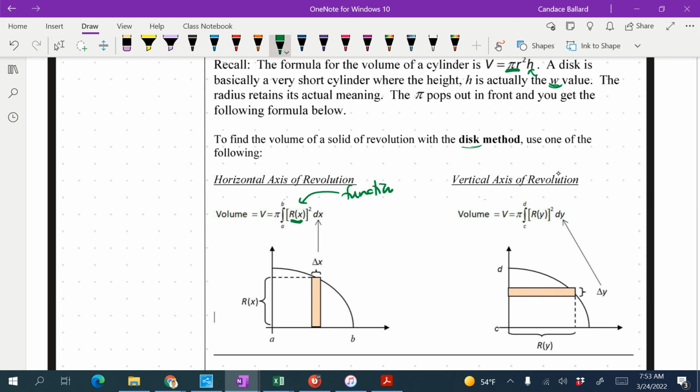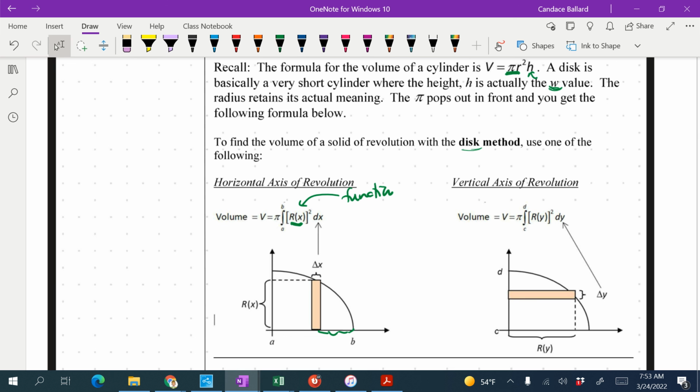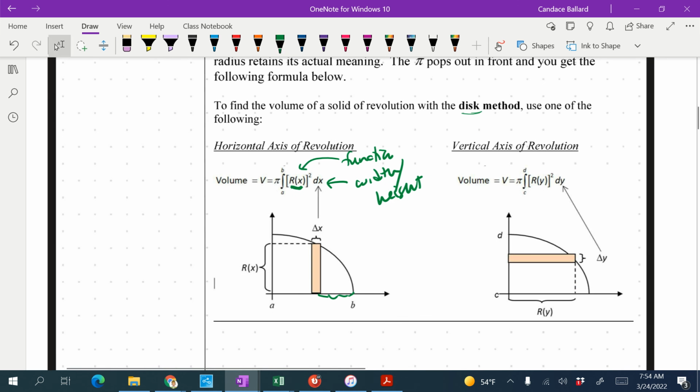And then in order to add all of these little things up, so we're going to have a bunch of these little disks in here, in a whole bunch of them, that's where we do integration. So we're going to integrate that value. And then this part here is representing the width or the height in the formula from the volume of a cylinder. And it doesn't matter whether you're going in the x direction or the y direction. It's the same idea. You just switch from dx's to dy's.